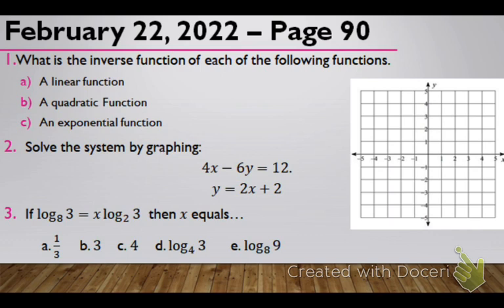So a linear function, what does a linear function look like as an equation? What's a linear function? If you saw a linear function and were told to graph it, what would you be looking for?